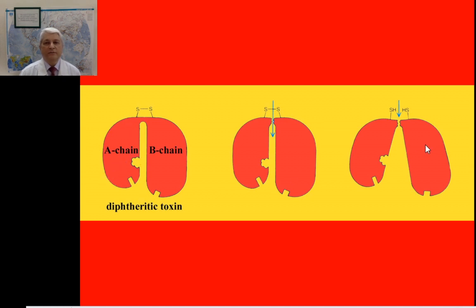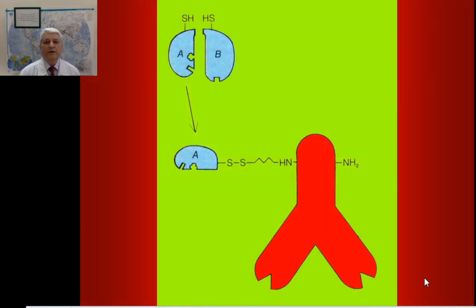We must divide them because we need only the poisonous part, which we shall combine with our monoclonal antibody. So we divide this molecule into two parts, A chain and B chain. Look, B chain we took away, and A chain we chemically combine with the Fc fragment of the monoclonal antibody. Finally, we have immunotoxin.